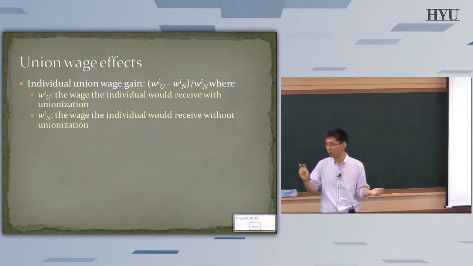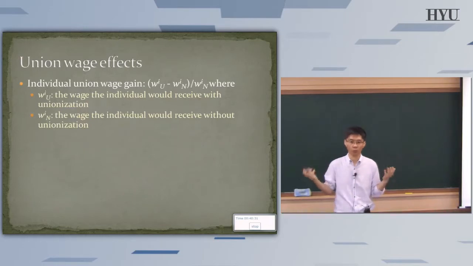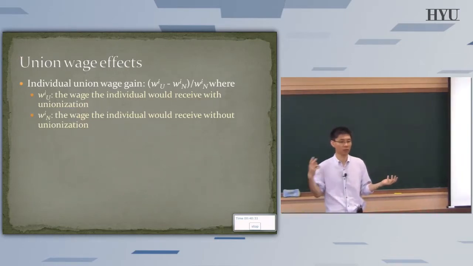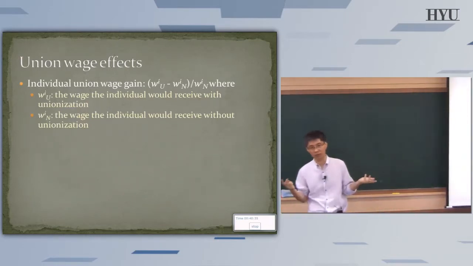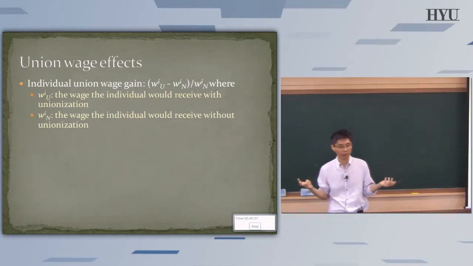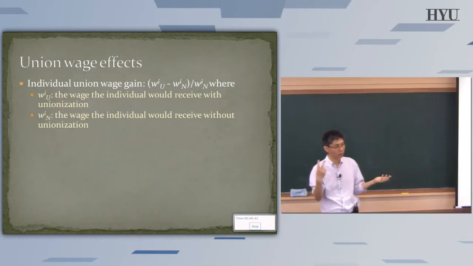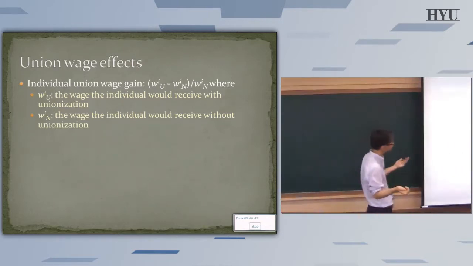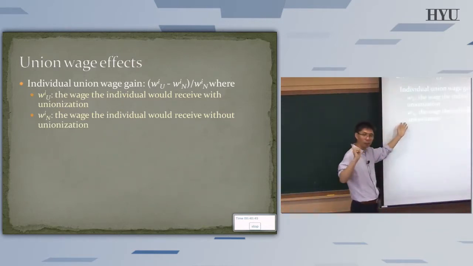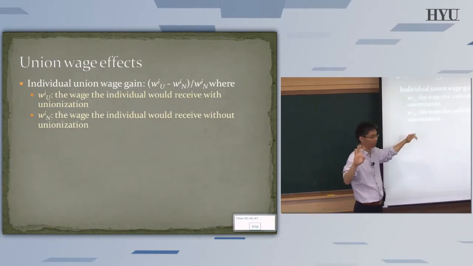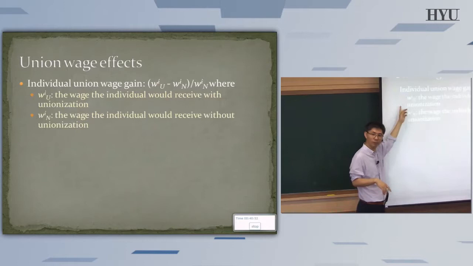That is what we gain with unionization, so we call it union wage gain. We say the 20% increase is our union wage gain. With the union, we can get a 20% wage increase. But in every case, we see only one of them.